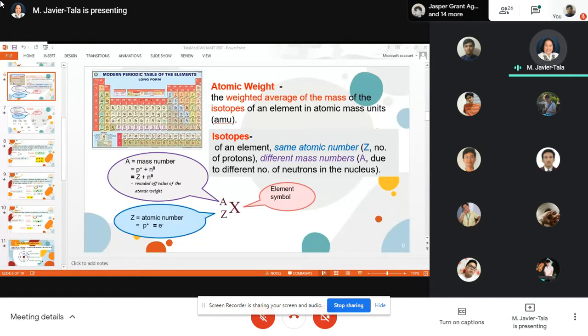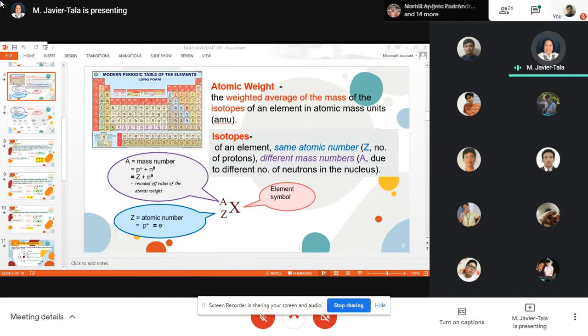So in your periodic table, the mass is there, even if in the midterm we will be using it as grams per mole. Those that are indicated in your periodic table are expressed as atomic mass units, which is equivalent to 1 over 12 the mass of carbon.